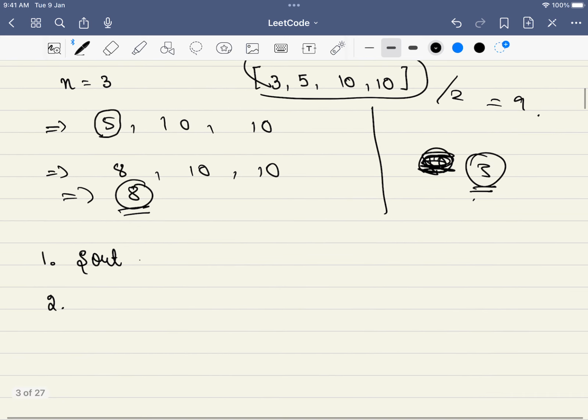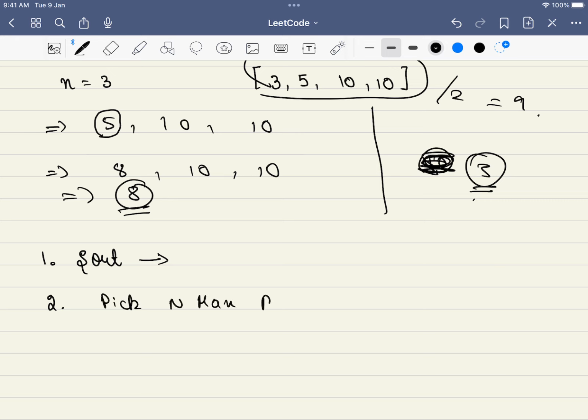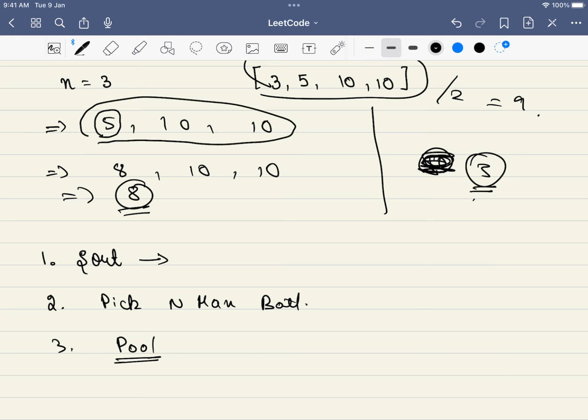So what we did here is we sorted the array, then we picked up n max batteries, and we utilized all the other batteries as a pool. Why did we do that? Even before these batteries run out, all the batteries can be charged, or the minimum battery can be charged.